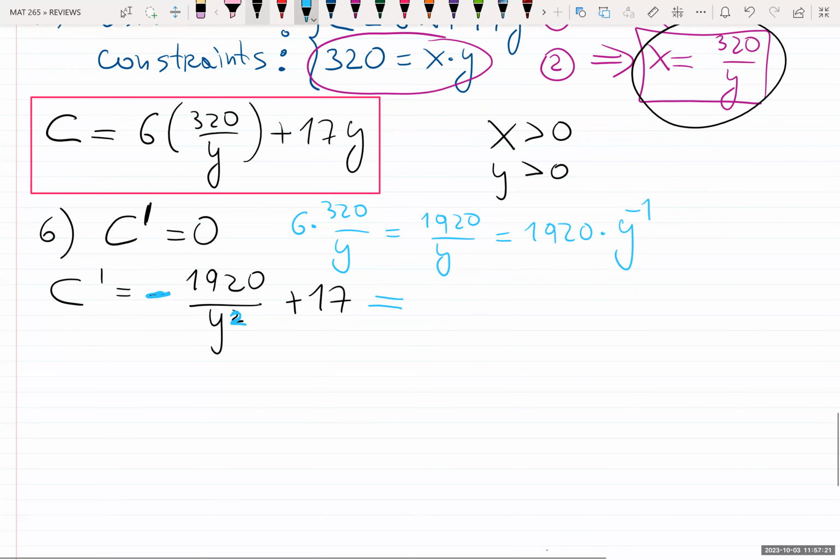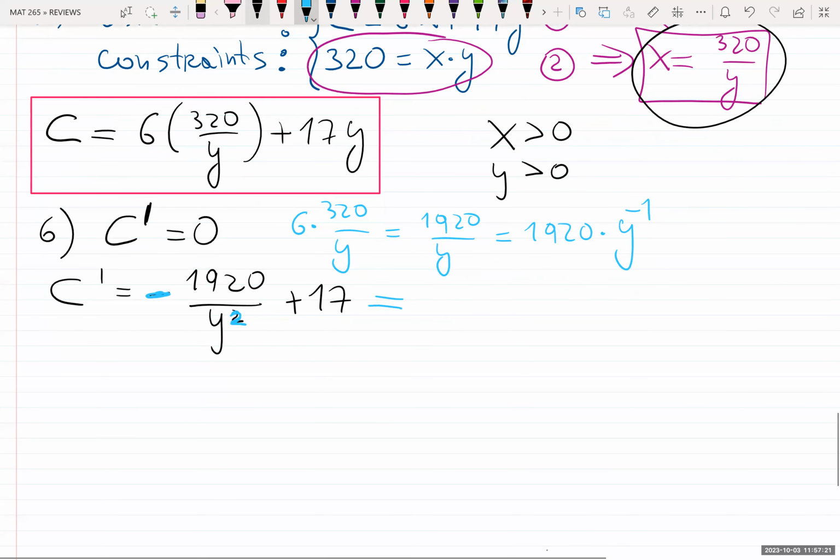Y squared in the denominator, minus 1920 in the numerator plus 17y squared. This is where you should check zeros and DNEs. Zeros come from the numerator, so you only need to solve the numerator. DNEs come from the denominator. From the denominator, y equals 0 is the solution, but y cannot be 0, so we ignore it.